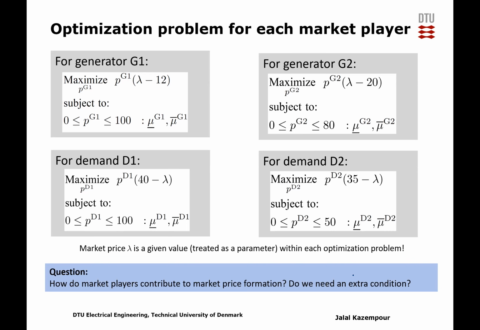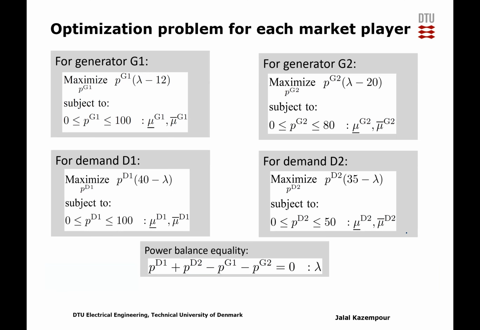As Priyanka, Farzad, Xiaodong, Eric and Akilas said, we need an extra condition. We need the power balance condition. You remember it was this, right? But it's a condition, not an optimization problem. It's a coupling constraint, exactly as Akila said.